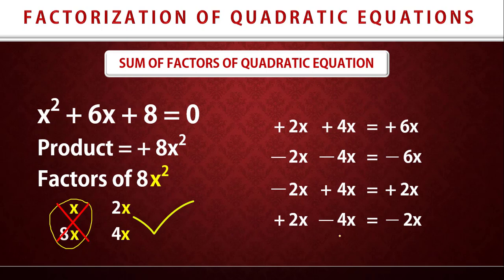If you do the same thing to the other one, you're going to get the product to be minus 8x squared. So finally, if the product is positive, use plus plus or minus minus, and if the product is negative, use minus plus or plus minus.